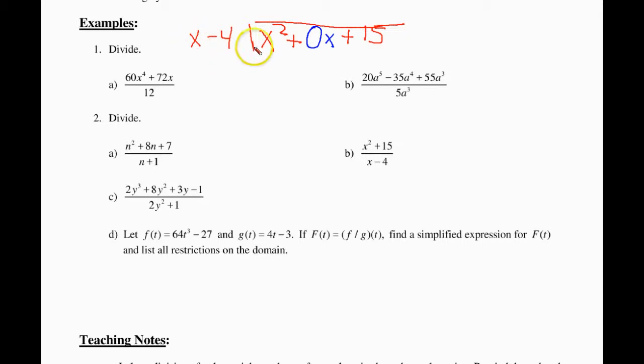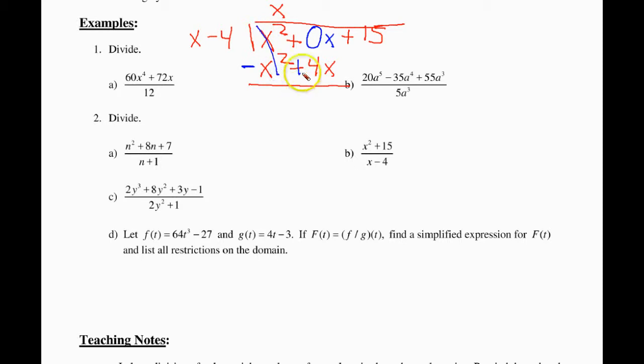Now, x goes into x squared. You can just divide it. It's x times. X times x is x squared. Now, a negative 4 times x is a negative 4x. Notice I have a place to put it as I go through the sequence of this. Now, what do I do? Well, I change my signs. This becomes negative, and this becomes positive.